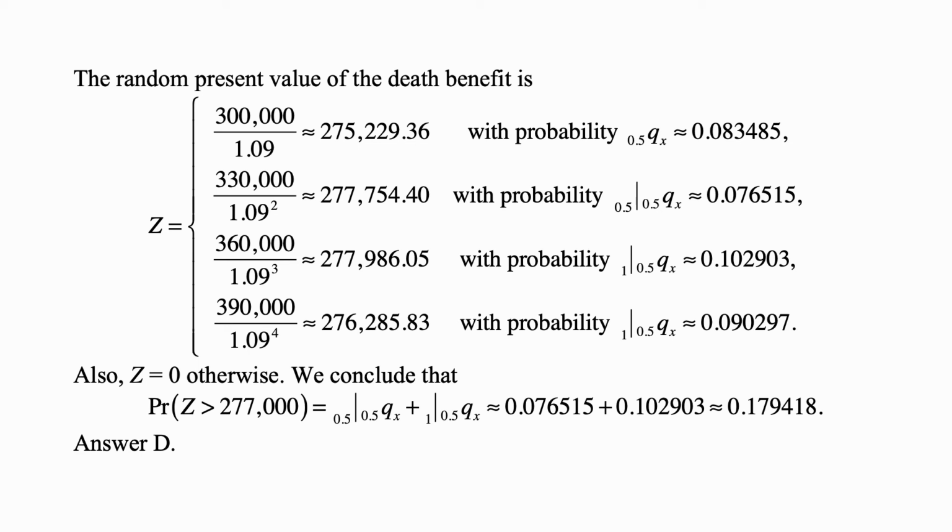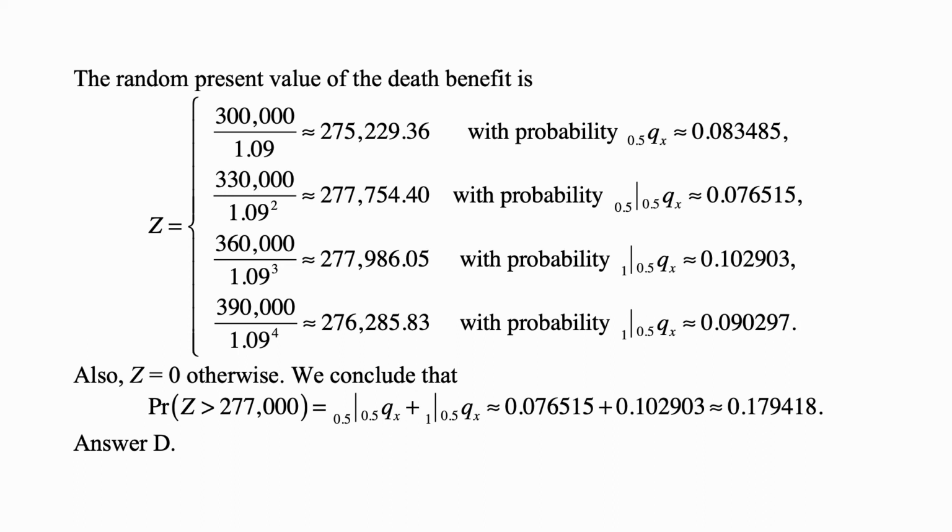Then it's 360,000 divided by 1.09 cubed. That's approximately 277,986.05 with probability deferred by 1 year, 0.5 qx, which is approximately 0.102903.